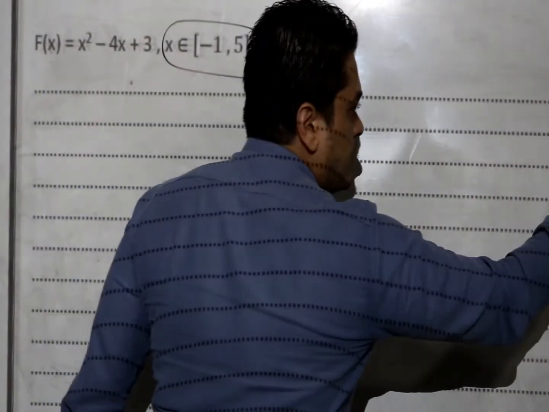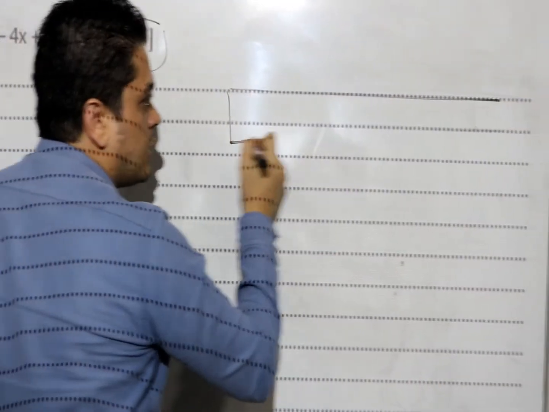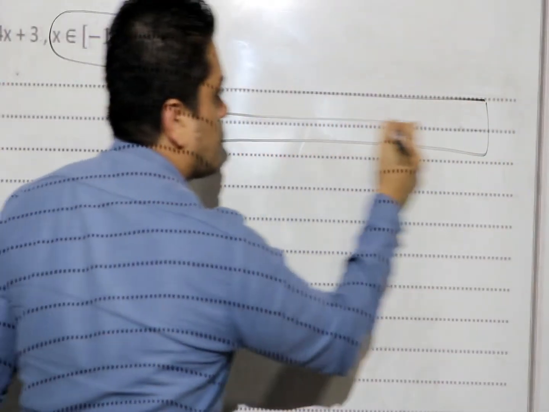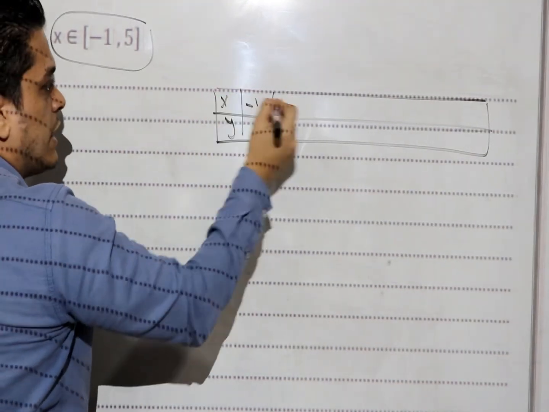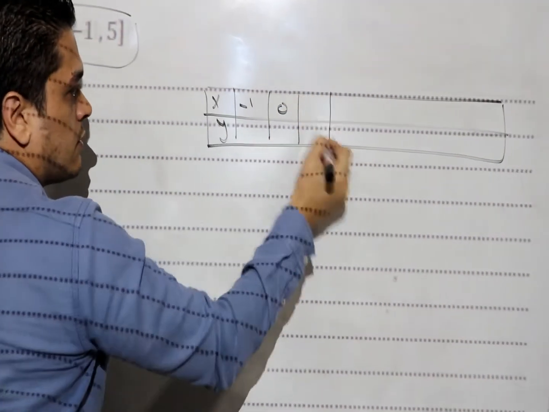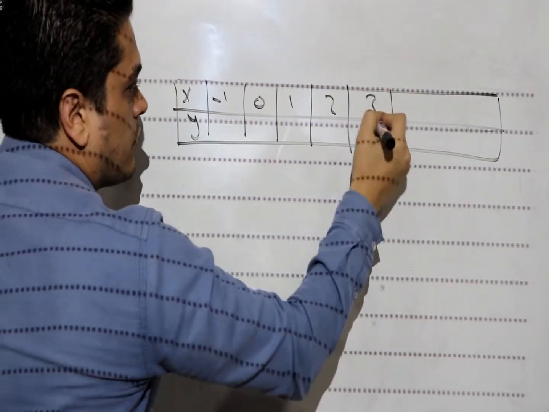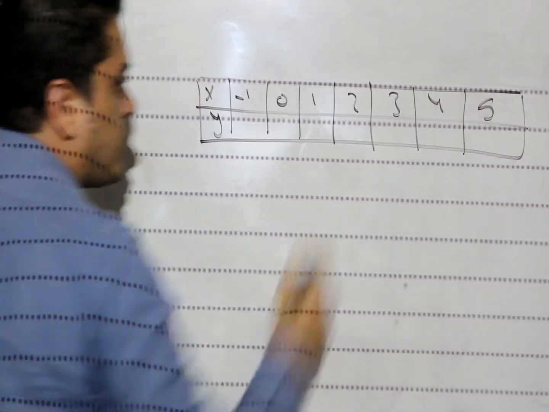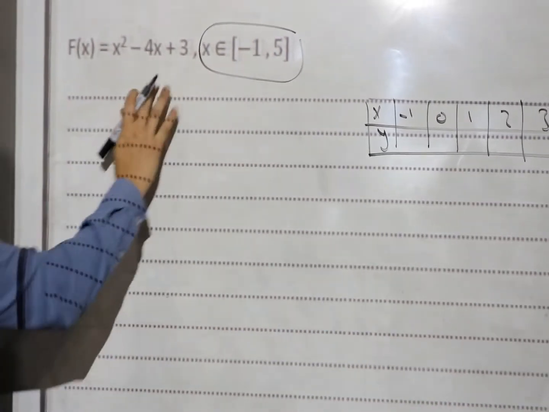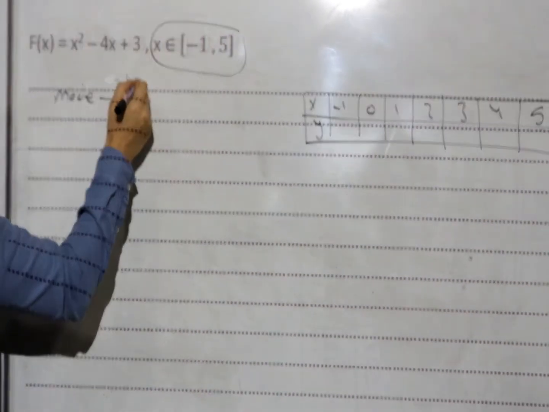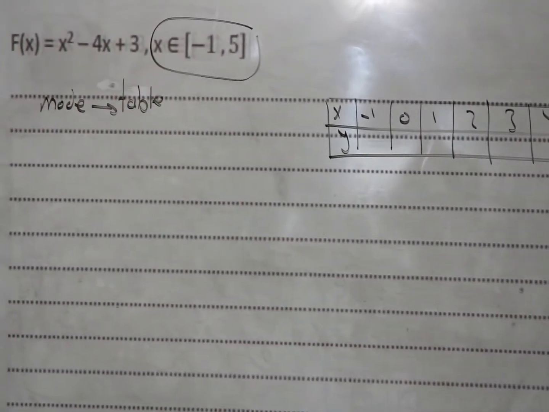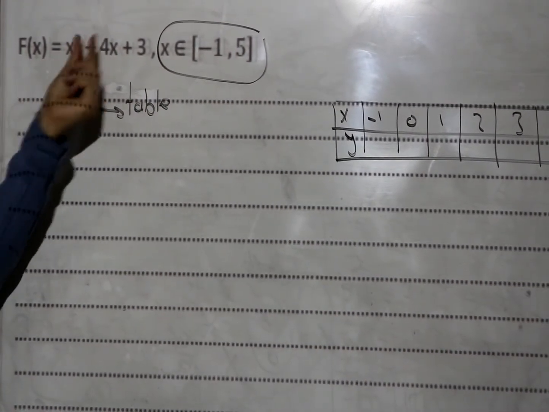So the first step, you have to make your table, x and y, from -1 to 5: 1, 2, 3, 4, and 5, and use your calculator by mode table and write your function x power 2 minus 4x plus 3.